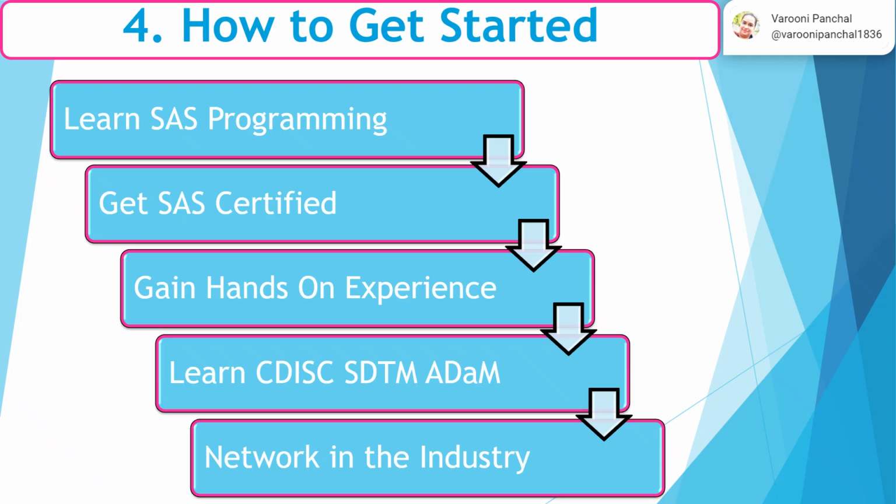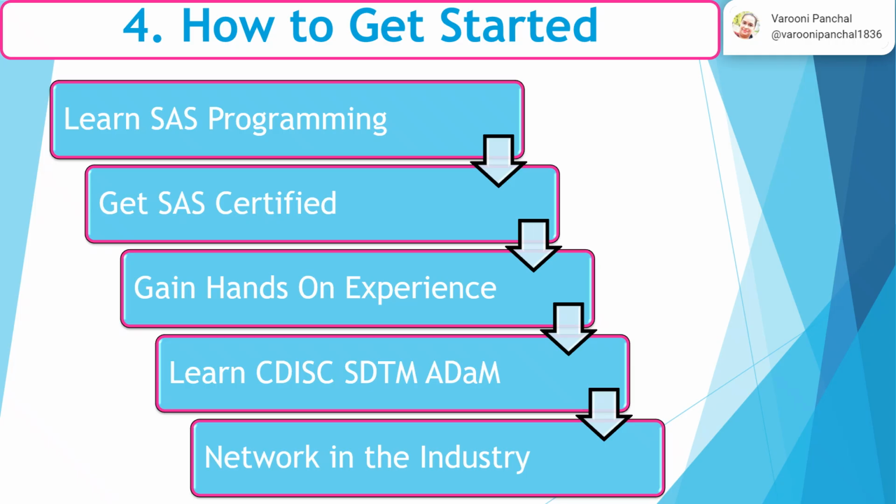Next is network in the industry. Well, unless and until you network in the industry, it becomes difficult to survive. So this is the major part of the industry, and these are the steps: learn, get certified, then gain practical experience, then understand the overall standard guidelines, and then you have to network in the industry, like talk to people, whosoever is having vacancies in terms of internship or in terms of getting a role, just for the sake of understanding, or any mini project or many small projects that you can get.